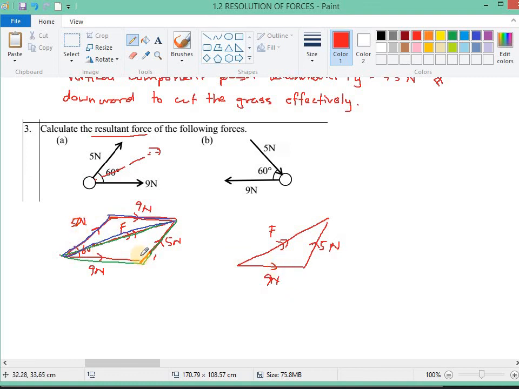Here is 60 degrees, so here is 120 degrees because this and this are parallel. A line that cuts across means the total angle here will be 180, so here the angle will be 120 degrees. So how to calculate this force F?